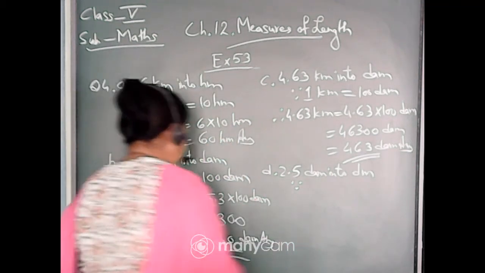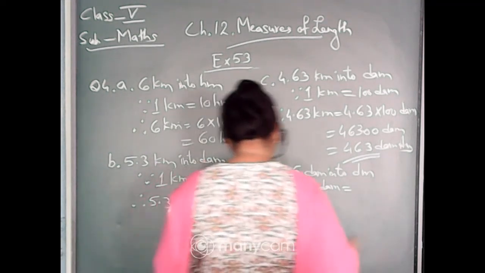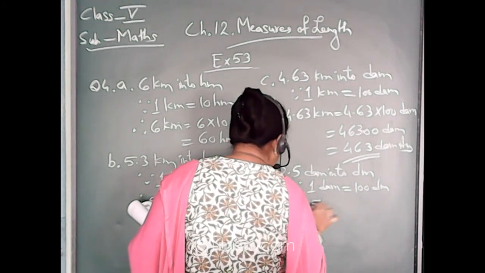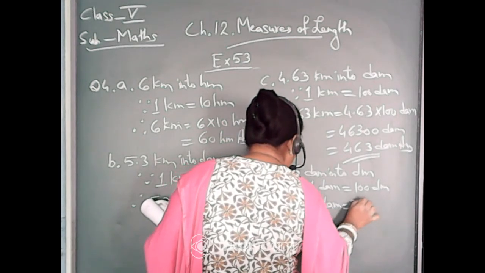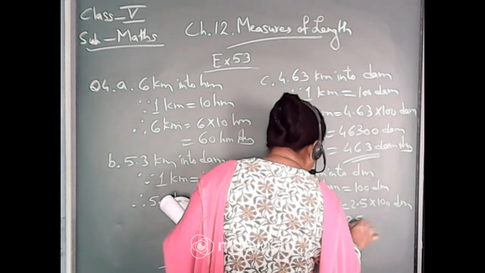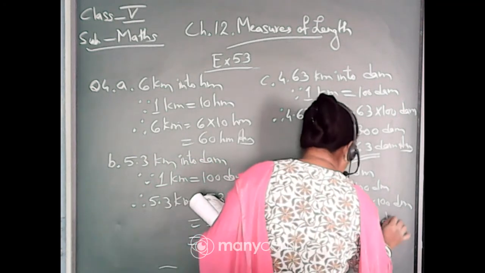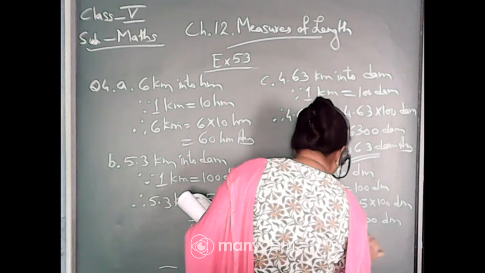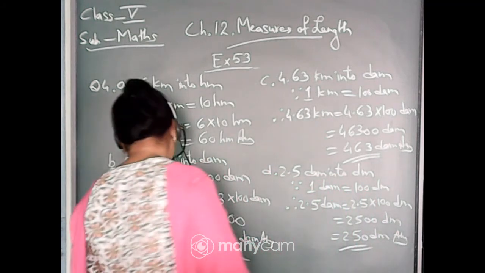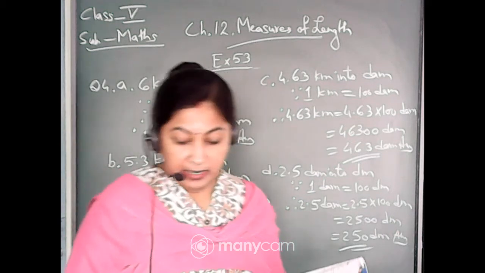You will write, since 1 decameter is equal to 100 decimeter, therefore 2.5 decameter is equal to 2.5 into 100 decimeter, that is 2500, and after the one digit the point, that means the answer will be 250 decimeter. 250 decimeter is the answer for number D. Clear?